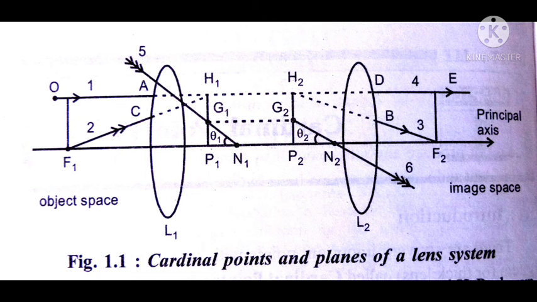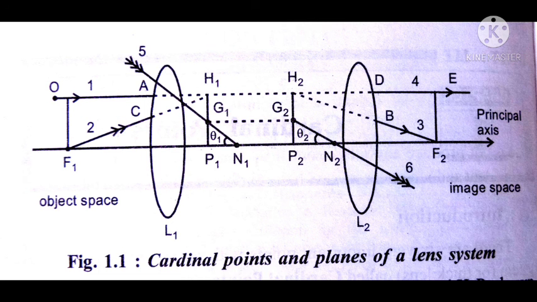Now see the focal points. Capital F1 and capital F2 are the first and second focal points for this lens system. The planes passing through F1 and F2 and perpendicular to the principal axis are called focal planes. The distance of the first focal point from the first principal point is called the first focal length, represented by small f1.